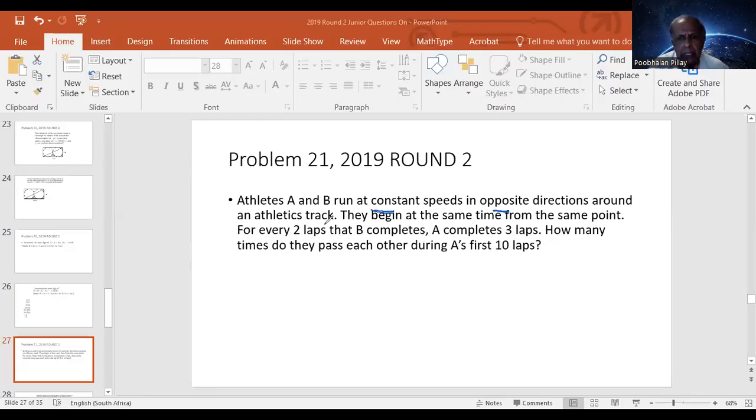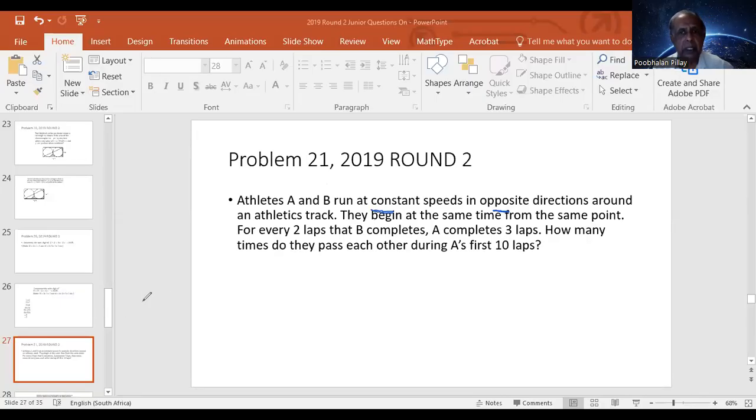Now the question is, how many times do they pass each other during A's first 10 laps? So you have to figure out, when B completes 2 laps, A completes 3 laps.